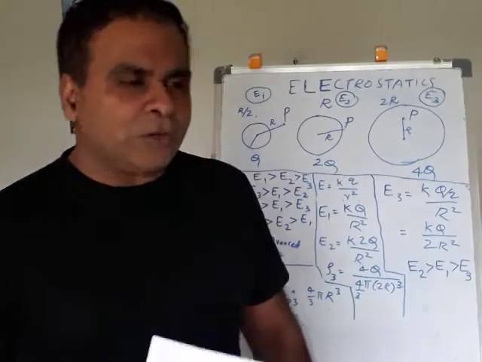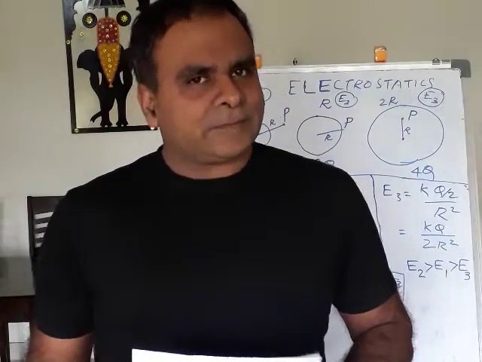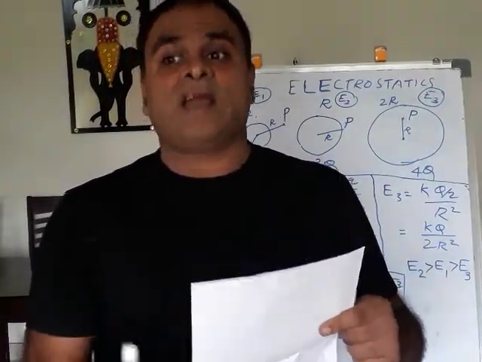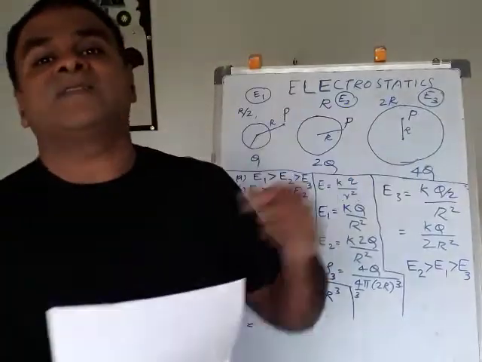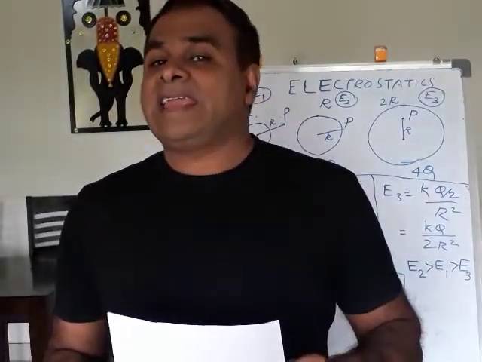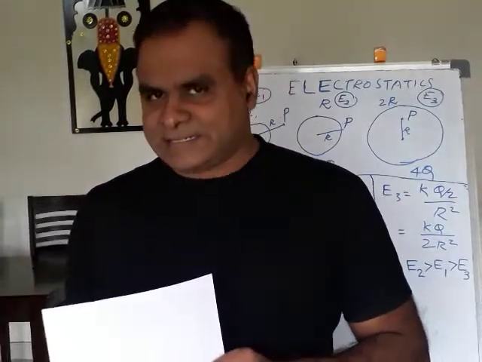Before solving the question, I just want to talk about conductors, and here it is not a conductor. The important point, once again I am repeating, these 3 spheres are not conductors. They are dielectrics. So you know what is a conductor.